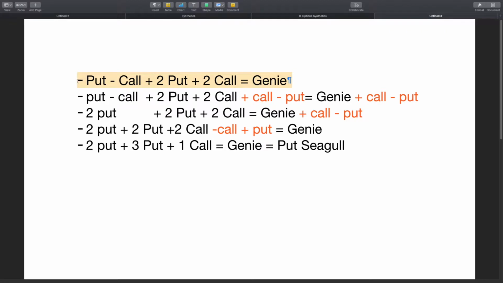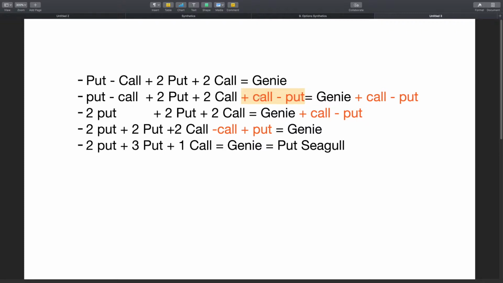Here we have the Genie trade, as we expressed before. 1 short put, 1 short call, 2 long puts, 2 long calls is the Genie trade. Using synthetics and a little bit of algebra, if we were to add a synthetic stock to each side of the equation, we could transform the Genie trade.